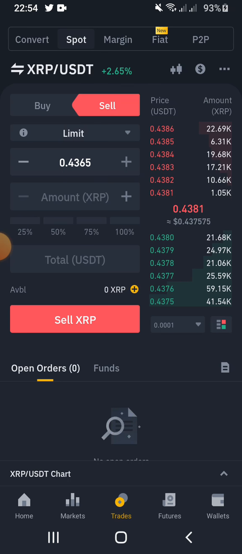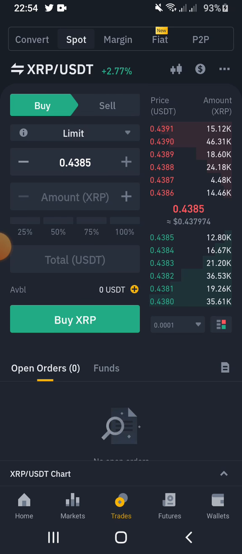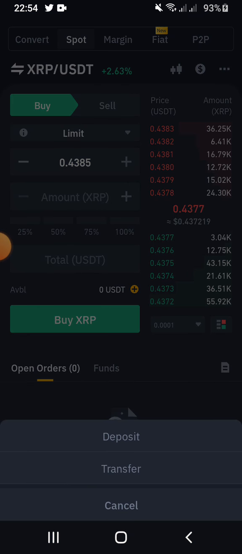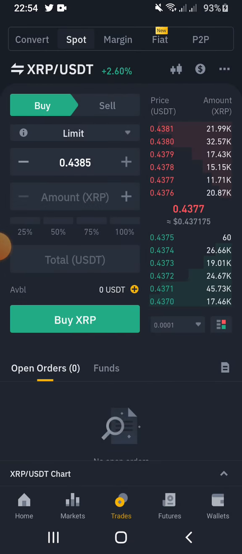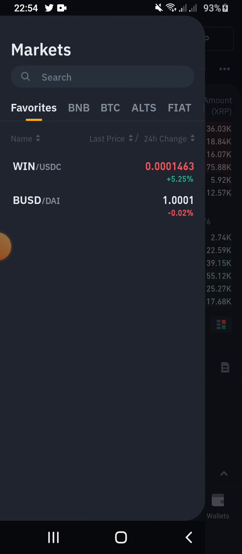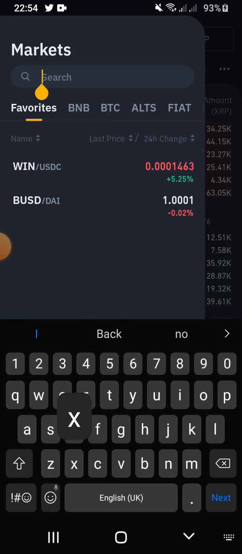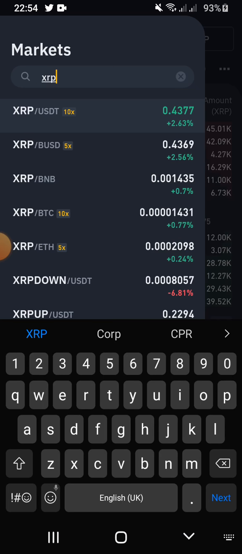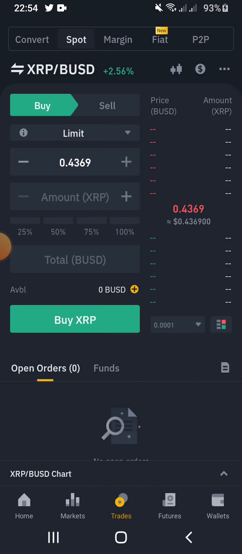Now for this scenario where you want to buy some amount of XRP and hold it for, let's say, 5 minutes or 1 hour, you want to fund your account. Right here it currently says we have 0 USDT. So if you have some amount of tokens, or you want to use the XRP/BUSD pair, BUSD is a stable coin.